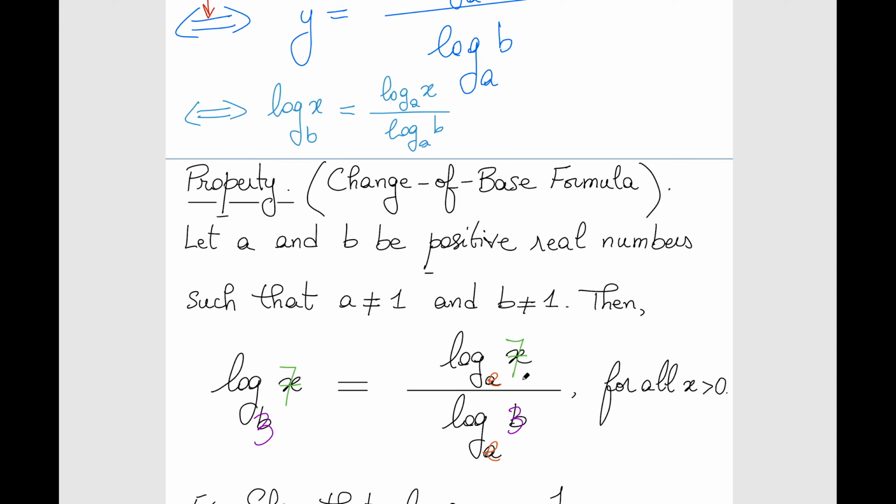The calculator can also do ln of 3. And it can divide. So if you find the guy upstairs, you find the guy downstairs, you can divide the two. And once you divide the two, you found this guy, which the calculator technically doesn't give you. Normal calculators do not give it to you, but you can find it via a regular calculator because of the change of base formula.